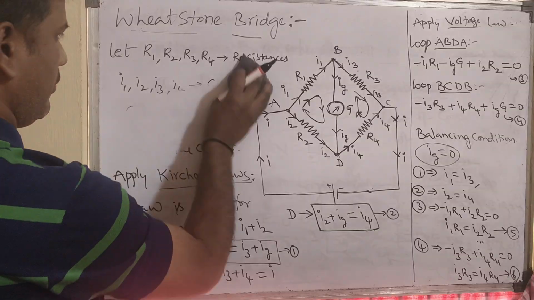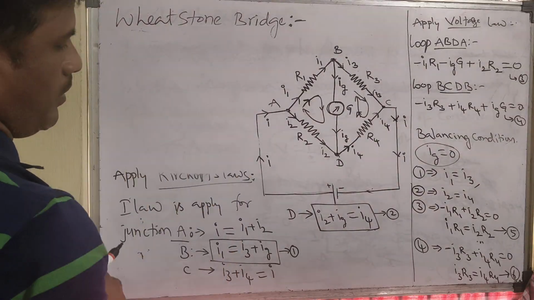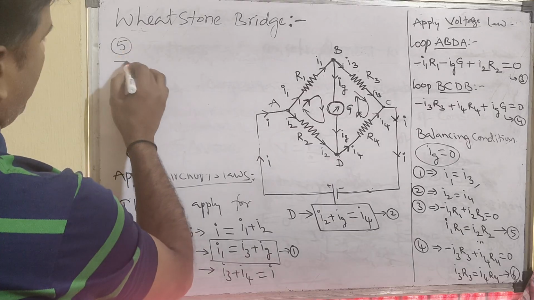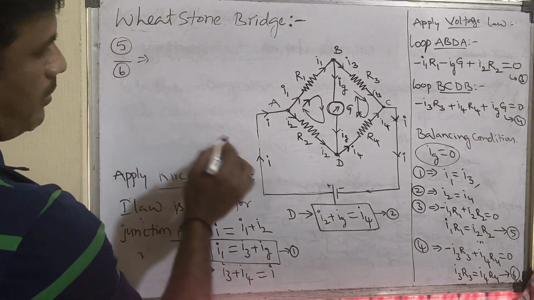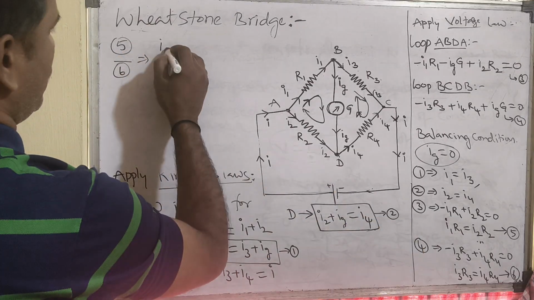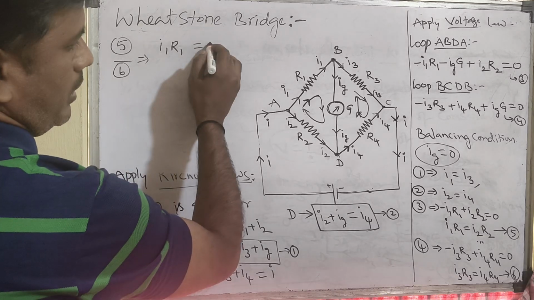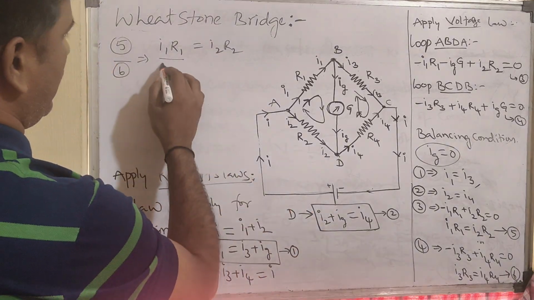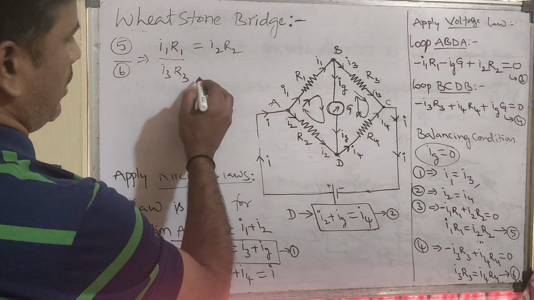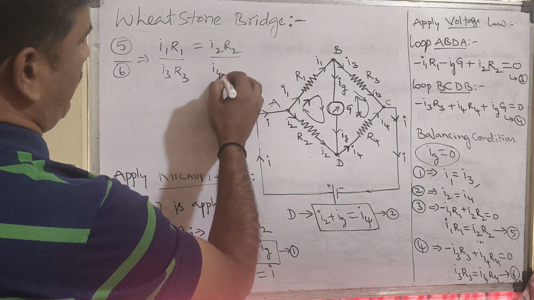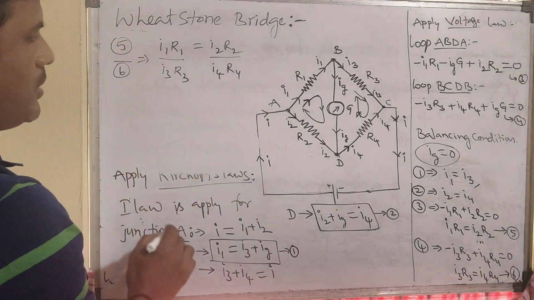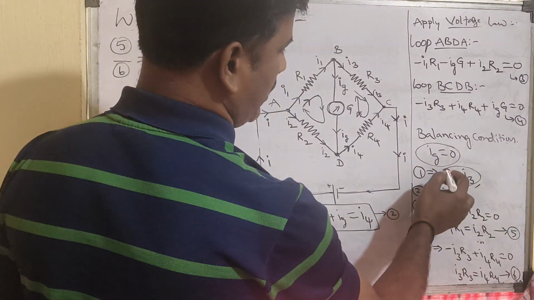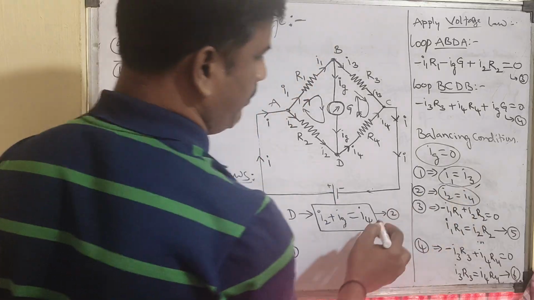Finally, consider 5 divided by 6. I1 R1 equal to I2 R2 divided by I3 R3 equal to I4 R4. We already know that I1 equal to I3 and I2 equal to I4.